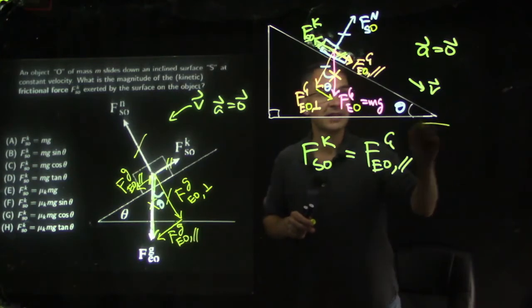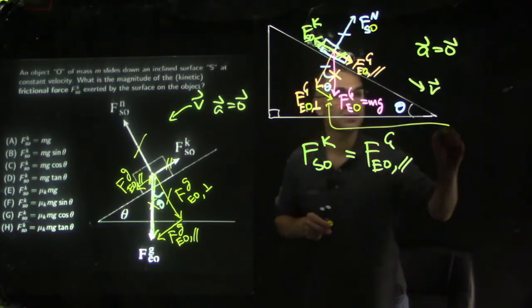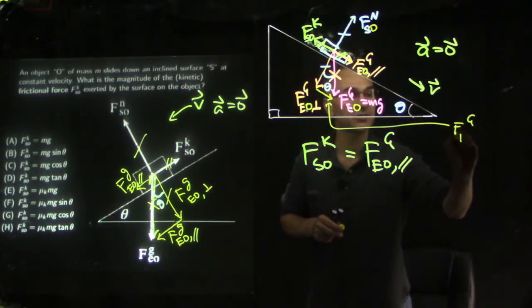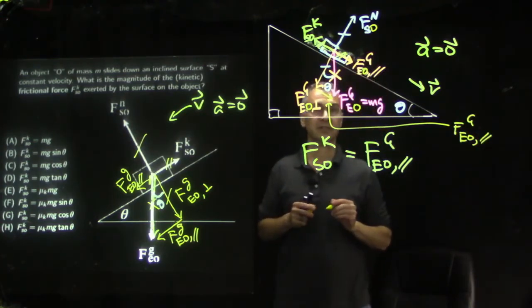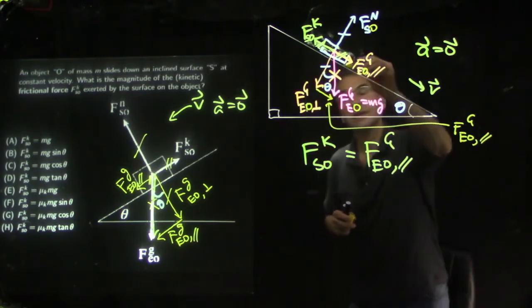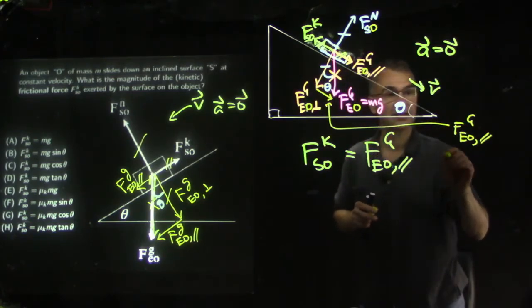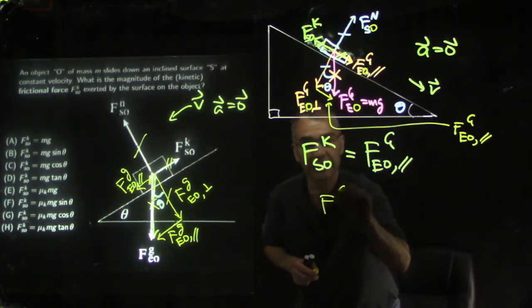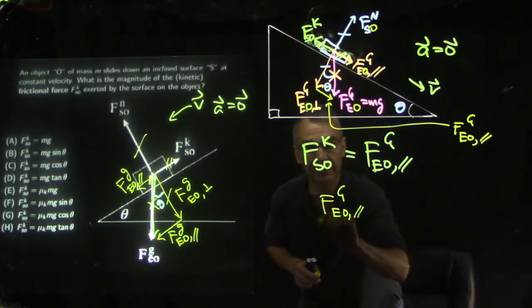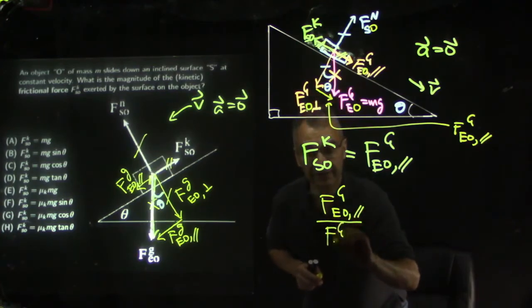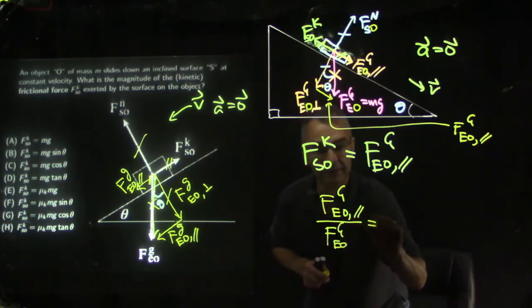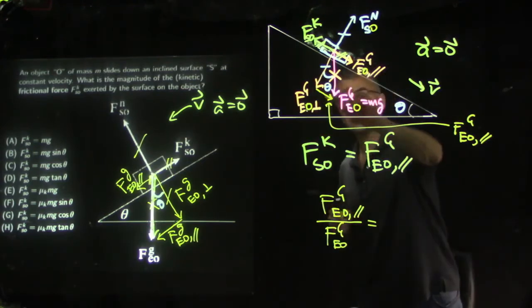And this is the analogous thing over here. You can notice that F gravitational, Earth on the object, the parallel component, divided by F gravitational, Earth on the object, is opposite over hypotenuse.